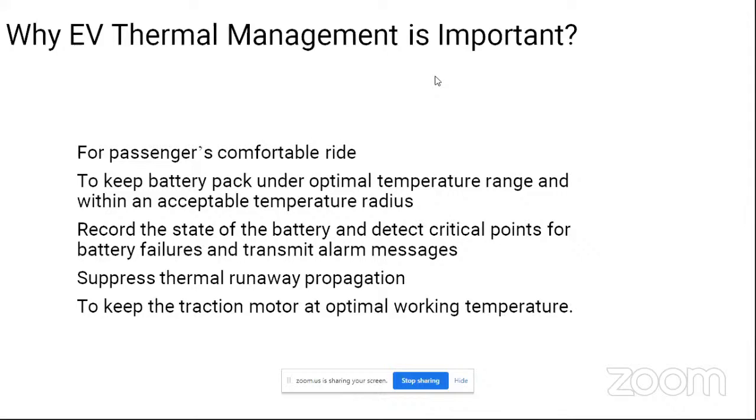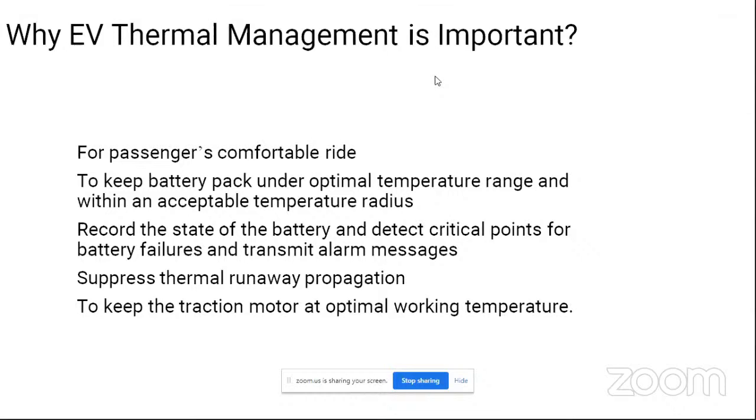Second one, to keep the battery pack in the optimal temperature range and within an acceptable temperature area. So what is going on is that there are lithium ion cells, and the manufacturers who make those cells, like LG or Panasonic or Samsung, tell us on the basis of their research or experiments that if we maintain the temperature of the cell within this temperature range, then the battery will give 100% efficiency, 100% performance.